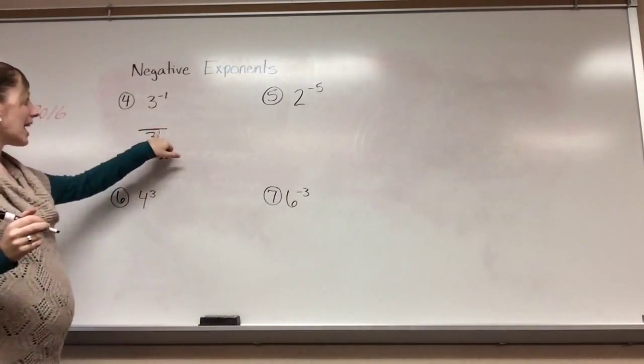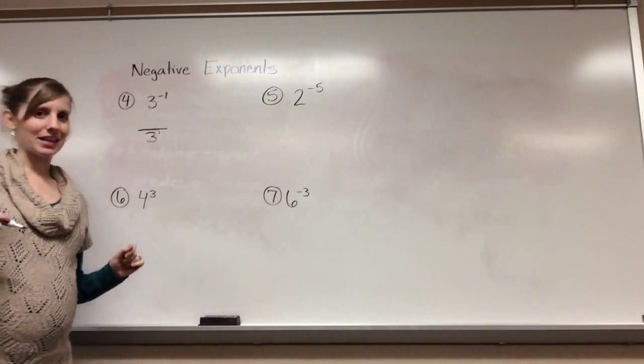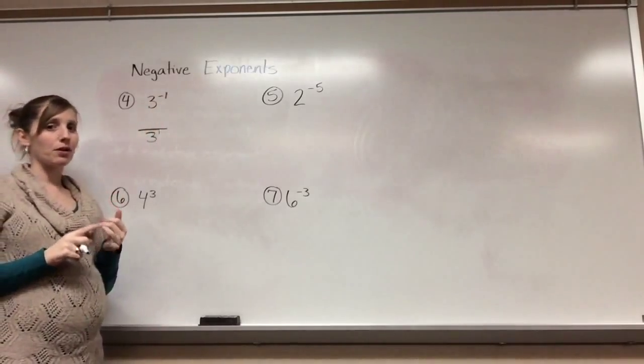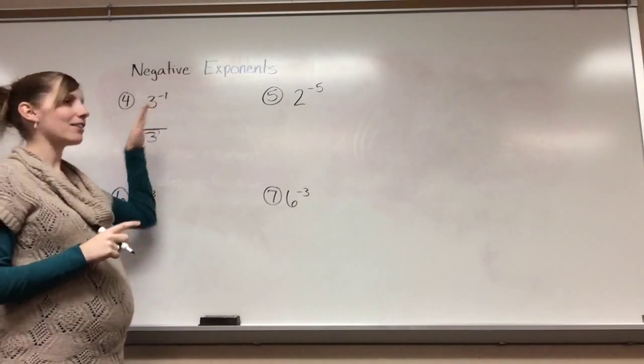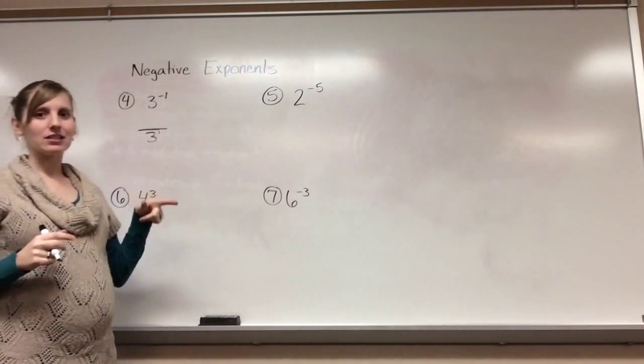Okay, now I'm going to explain at least how to help you remember that that turns into a 1. So this is how I think about it. When you are in a situation that you're not comfortable and you don't want to be there, you usually have a negative outlook on what's happening, okay? Hence the negative exponent.